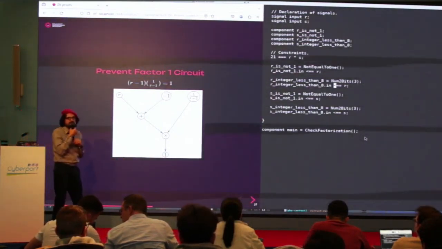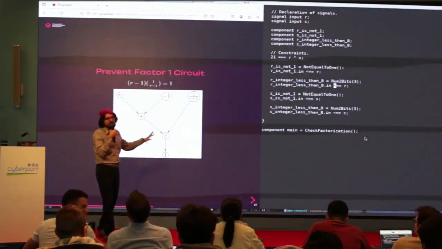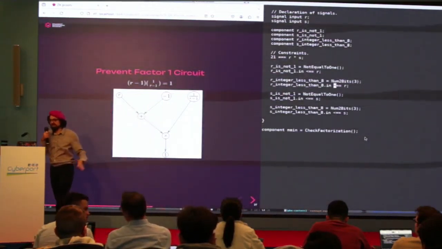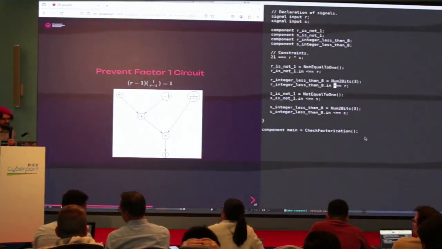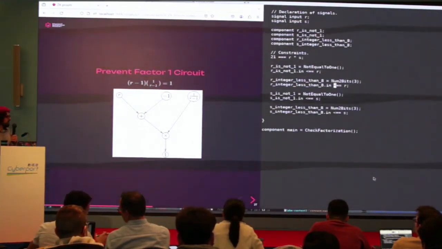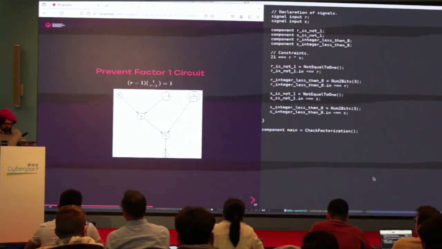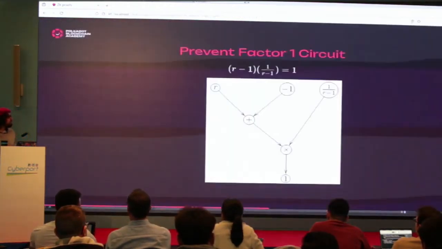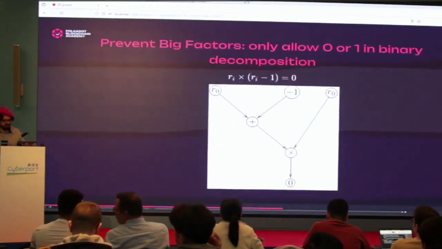So probably you want to write some circuits in Circom and then let the Plonk compiler do the rest of the work. But I want to tell you what the Plonk compiler is doing so you know the magic behind it. Okay. And then I have this, and then this, right?